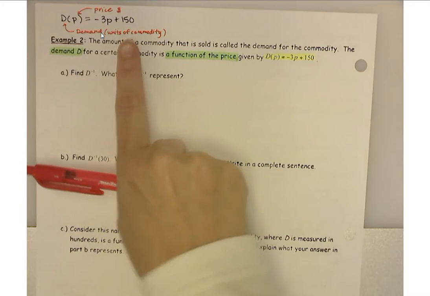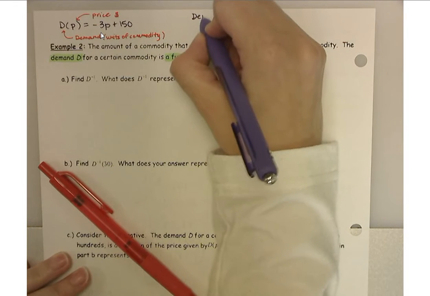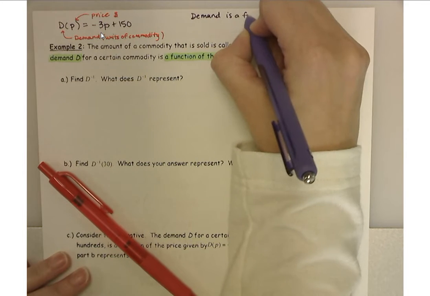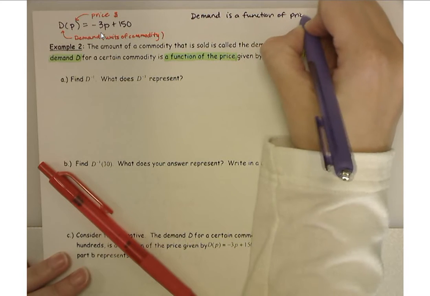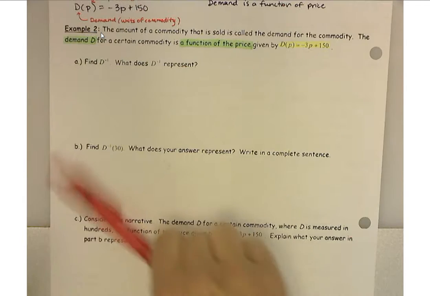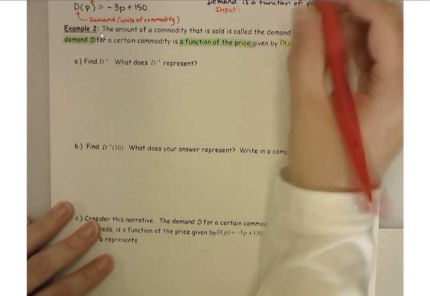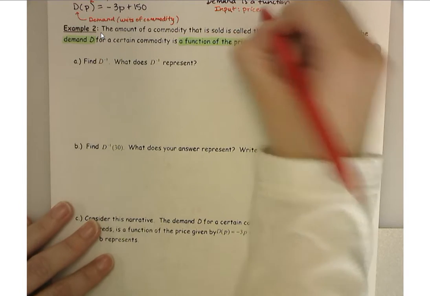So for this, when they tell you a demand is a function of the price, you can identify your input and your output. The input for this equation is the price.